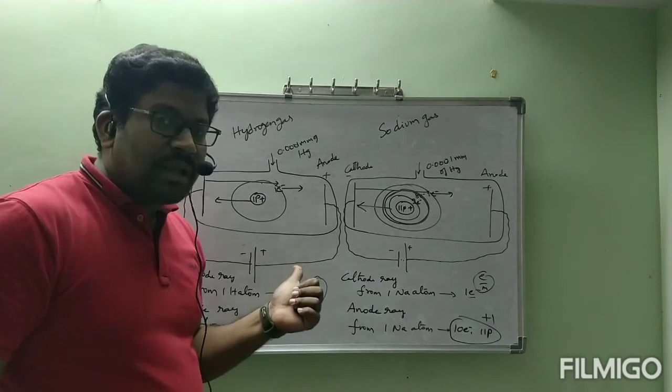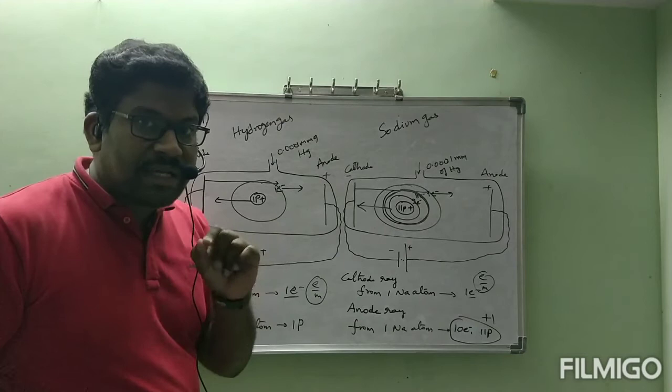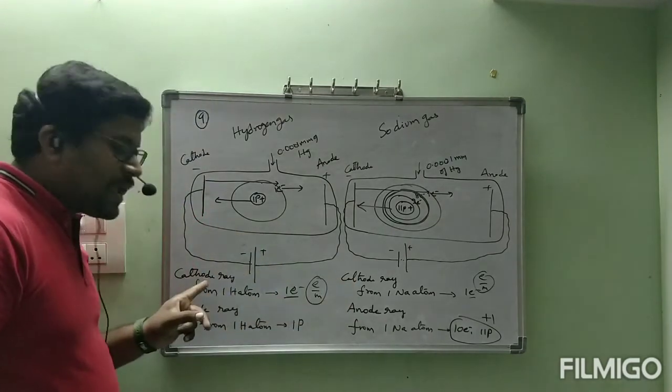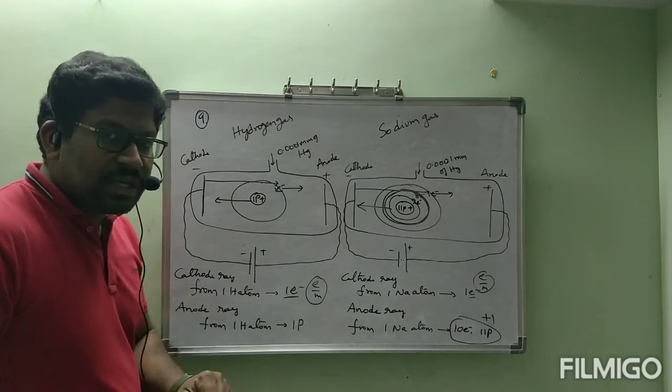the same. That's why I told the 9th point: the e/m ratio of cathode rays is independent of the nature of the gas taken in the discharge tube.